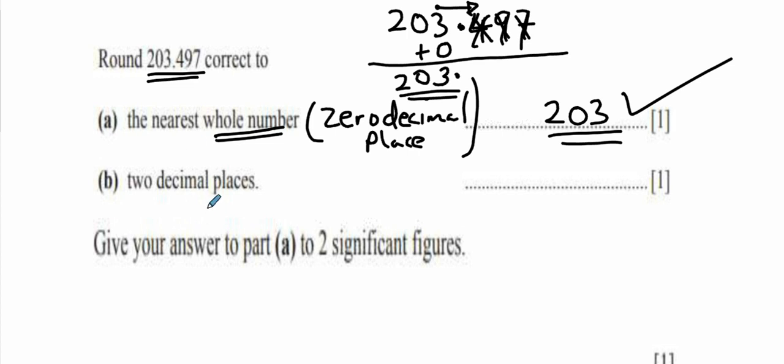For 2 decimal places, you can try that, but you can also use a calculator. 2 decimal places means you write the number 203.497. They need 2 decimal places, so 1, 2, keep a boundary over here. Alright, I can see something logical here.